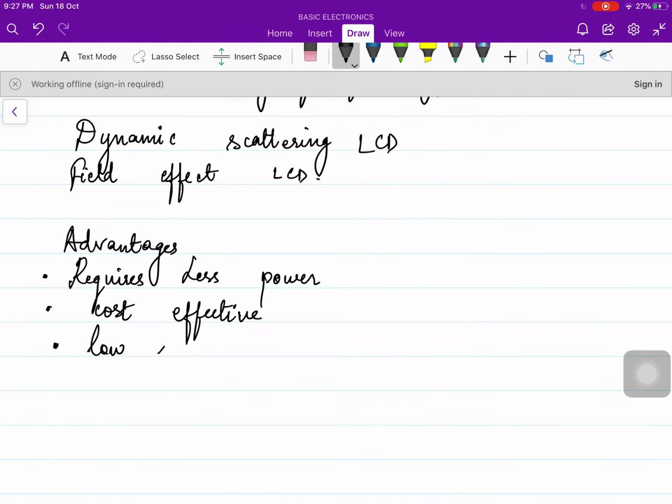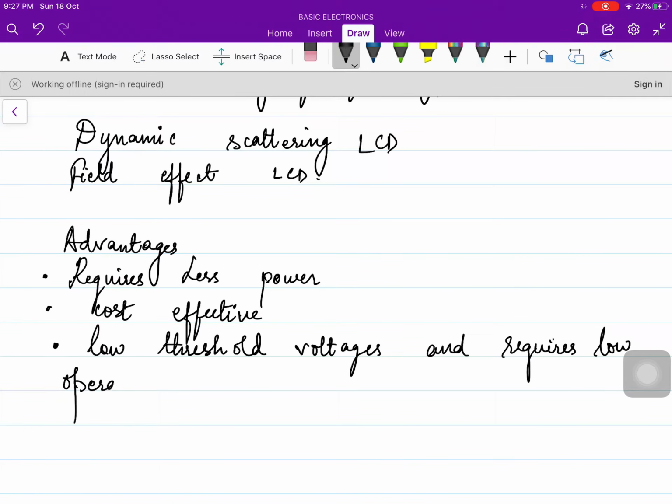And the third one is it has low threshold voltage and requires low operating voltage. Requires low operating voltage and current. So these are the advantages of LCDs.